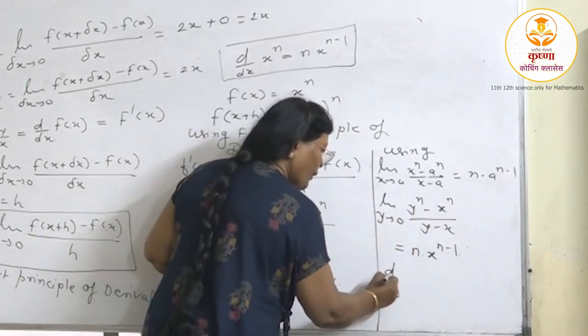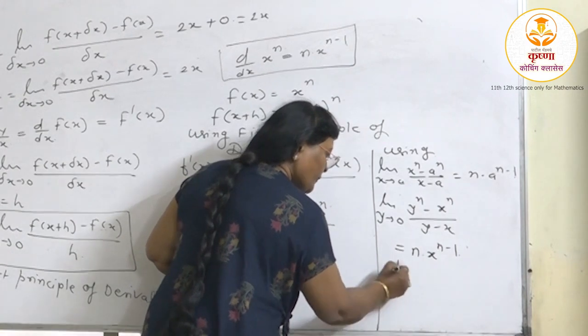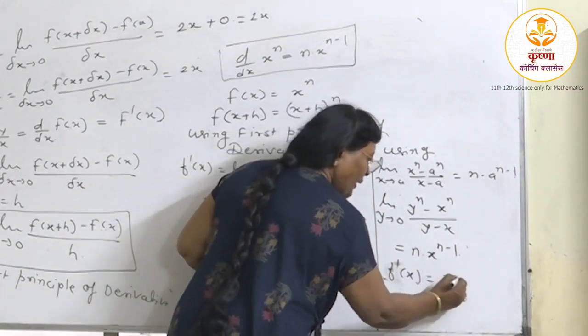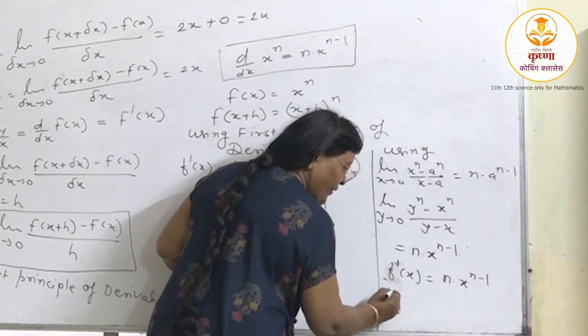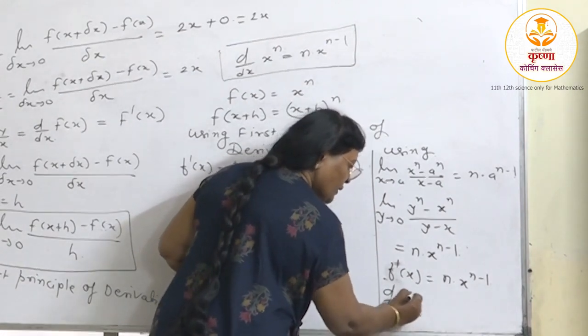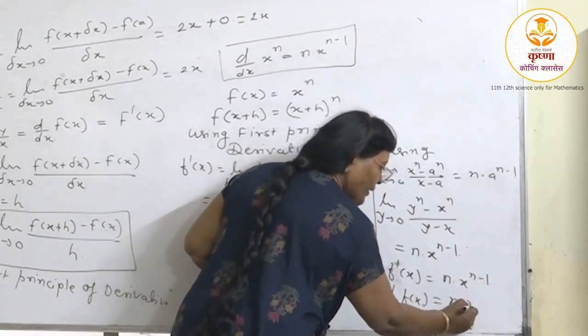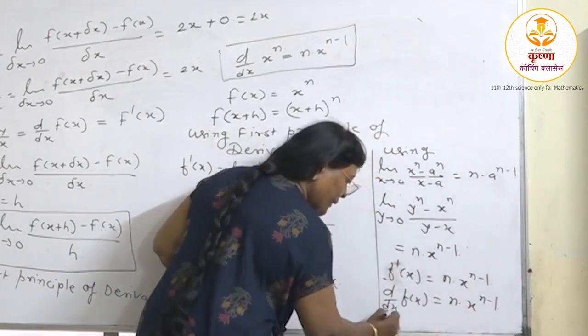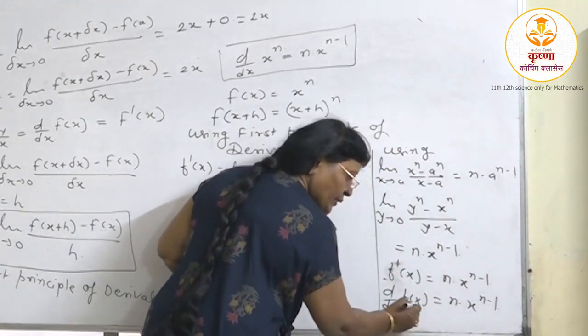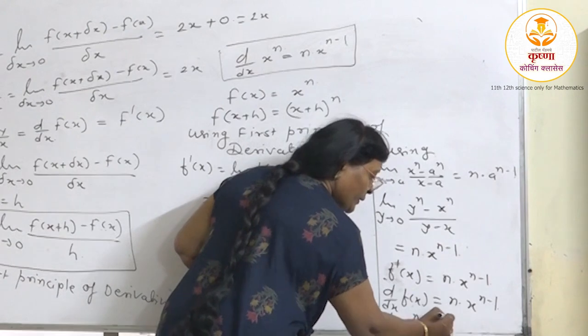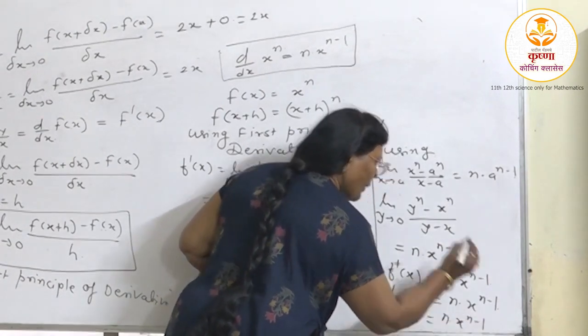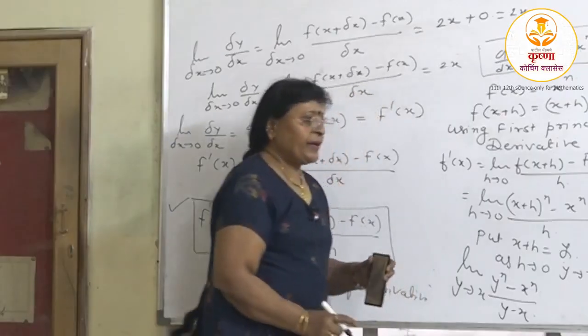Therefore f'(x) is equal to n x to the power n minus 1. F'(x) means d/dx of f(x) is equal to n x to the power n minus 1. Again, d/dx of x to the power n is n x to the power n minus 1. This is the first algebraic formula.